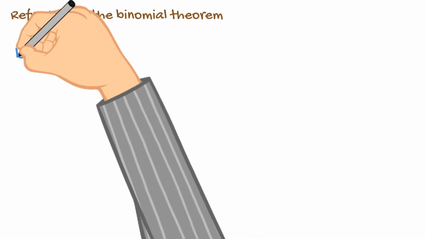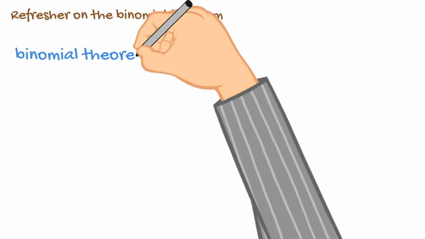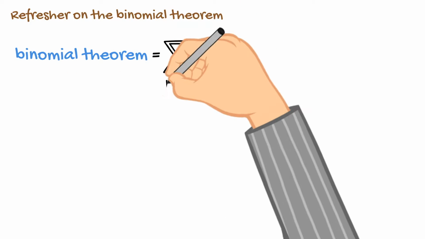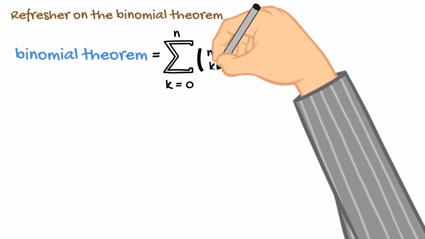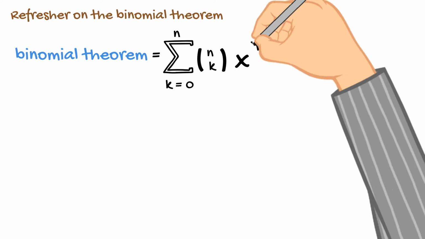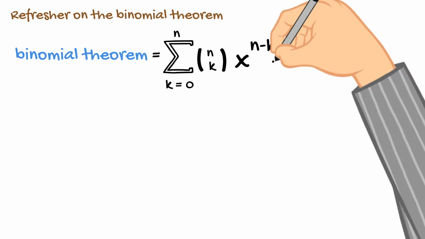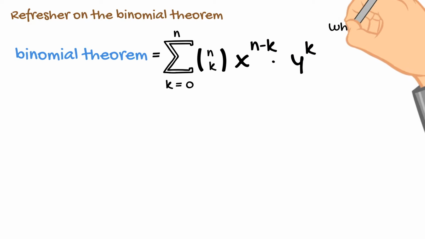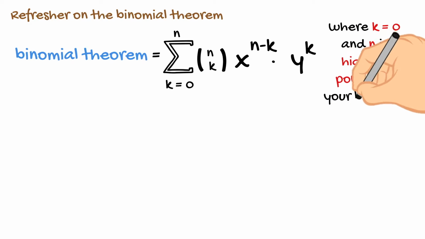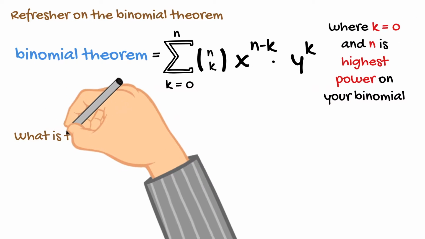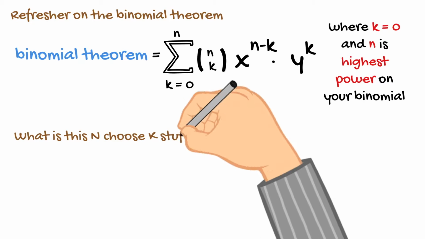So to save us some time, we can use the binomial theorem, which states that the expanded binomial is equal to the sum of n choose k times x to the n minus k times y to the k, where k equals 0 and n equals the highest power of your binomial. You may be wondering, what is this n choose k business?